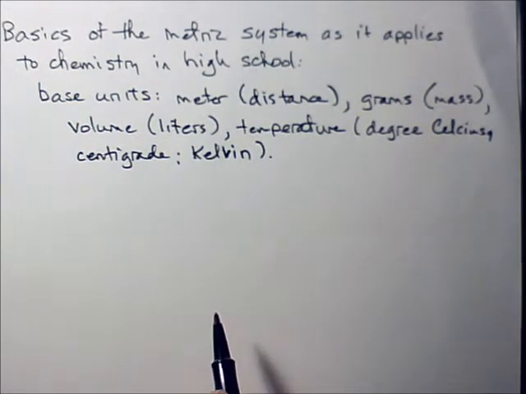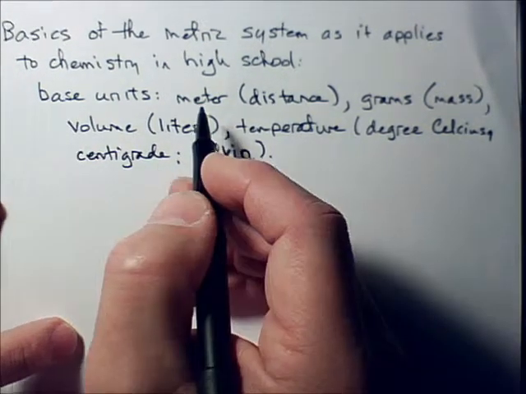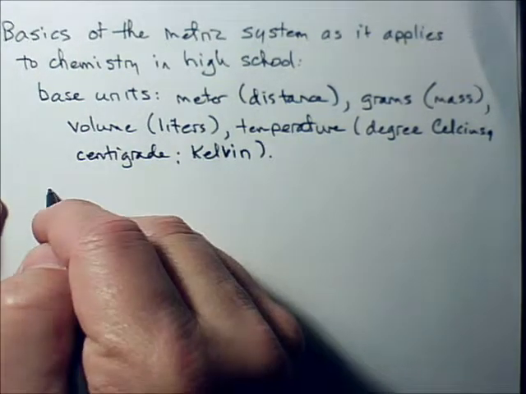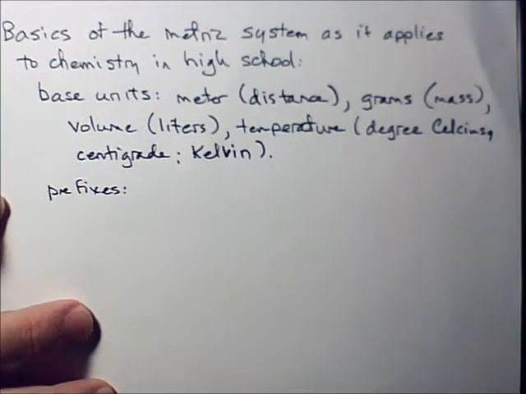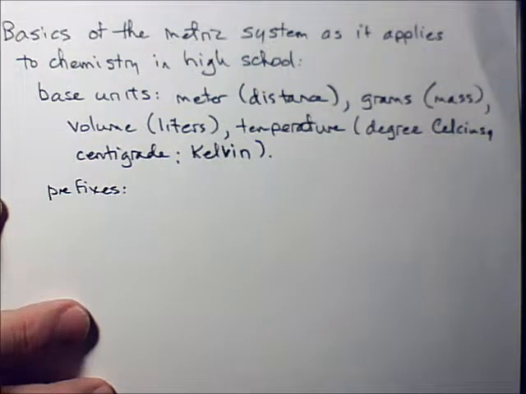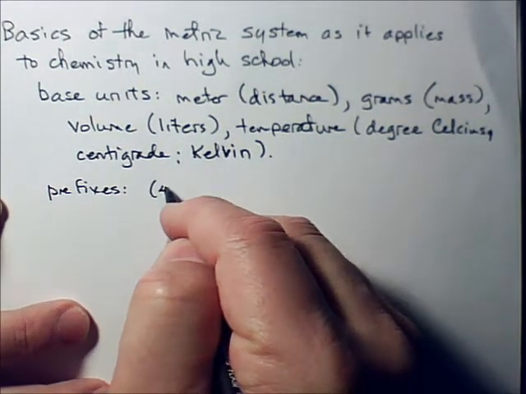All right. So then what we also used for our system of measurements are prefixes. And I only need you to really know and be able to use 4 prefixes in here. Okay? I only need 4 for this class.